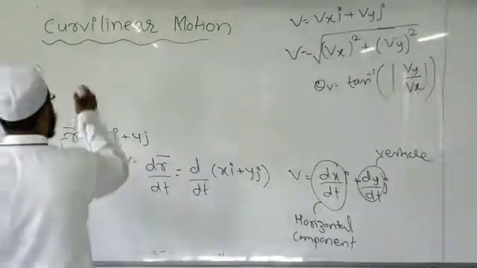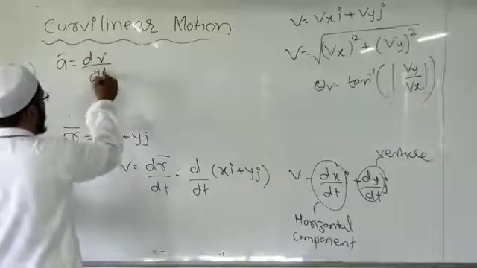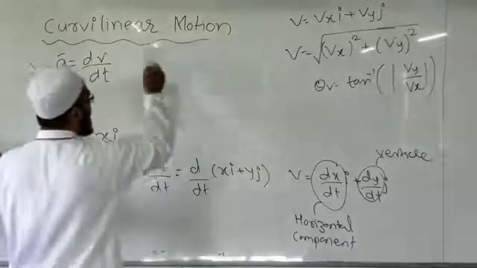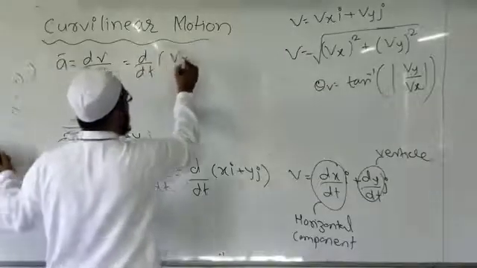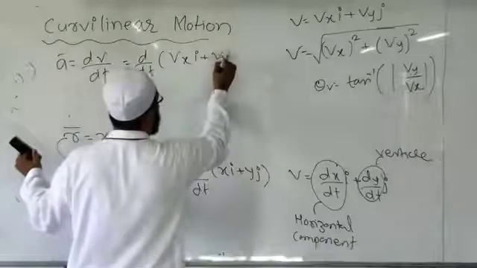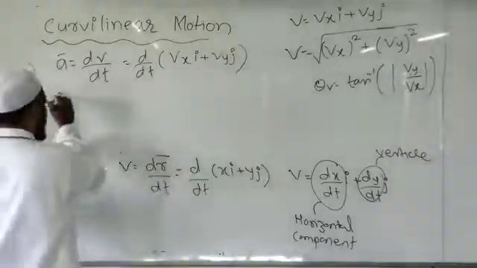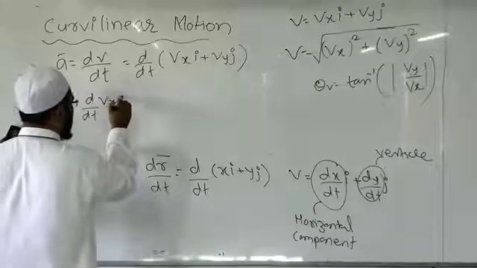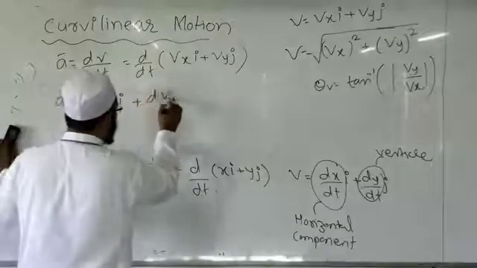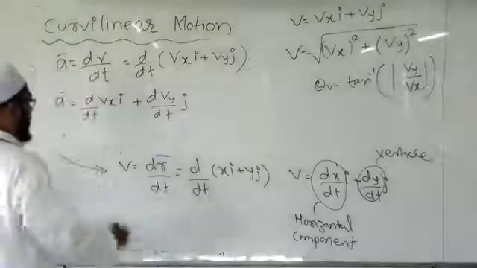Similarly, if I require acceleration, a bar equals dv by dt. V is d by dt of vx i plus vy j. Therefore, we will expand it: dvx by dt of i plus dvy by dt of j. What is this?